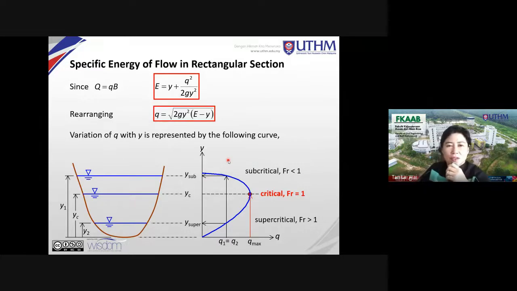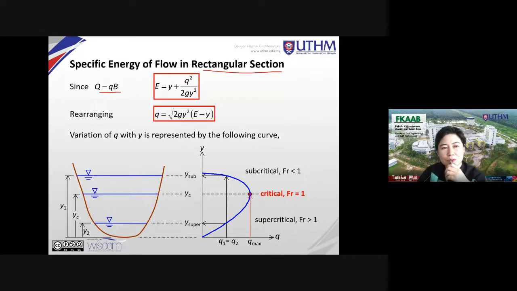Now, this is specifically for rectangular section, because we are actually trying to simplify things for rectangular section. Now, since q is equal to Q over B, I've explained how you come to this expression here.